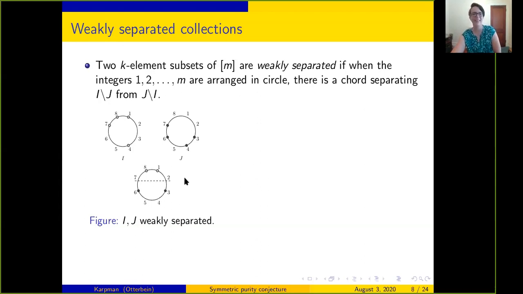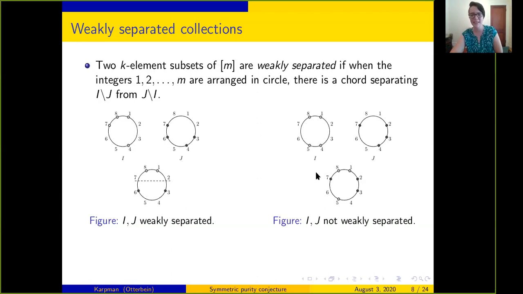I see that I can draw this chord, and here I have elements that are contained in I but not J. Here I have things contained in J but not I. Since 7 is contained in both, it doesn't factor into this picture at all. Since 2 is contained in neither, it doesn't factor in at all, and so on.